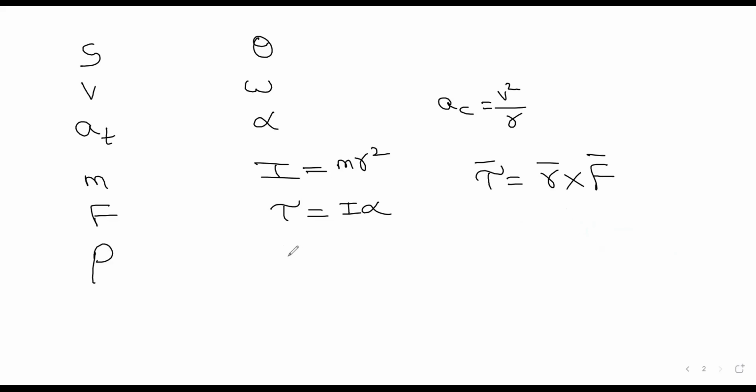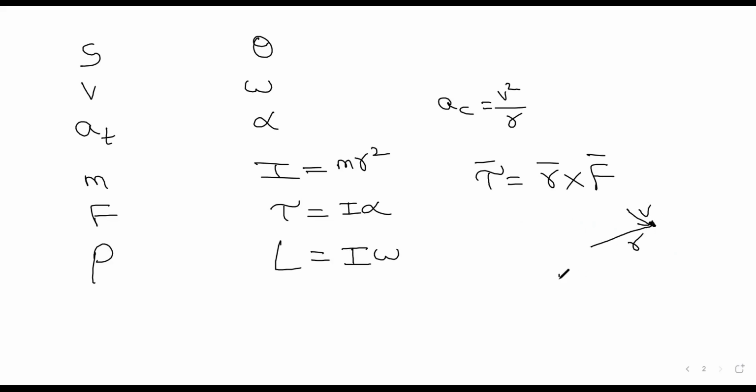Now, next we have the momentum: angular momentum L. What is the formula of L? I into omega, for a solid body. If it is for a point, there is some r and some velocity v.